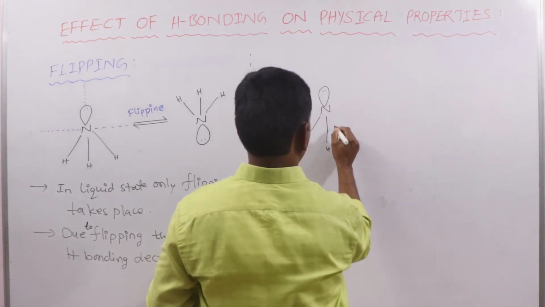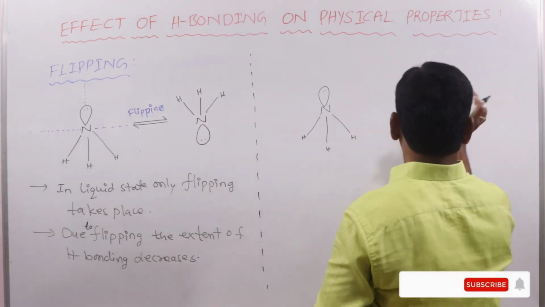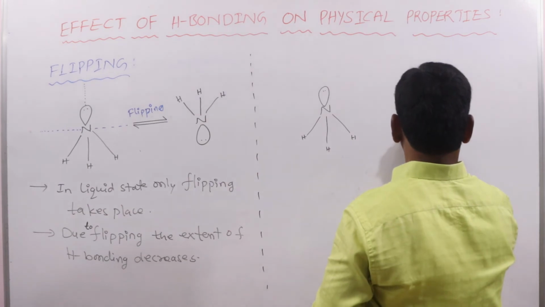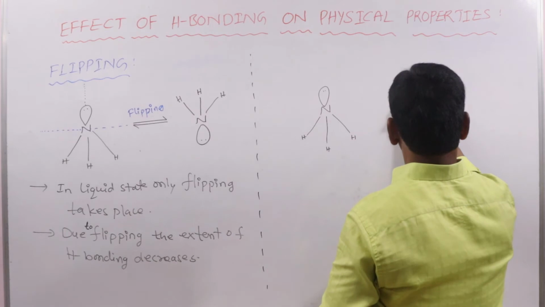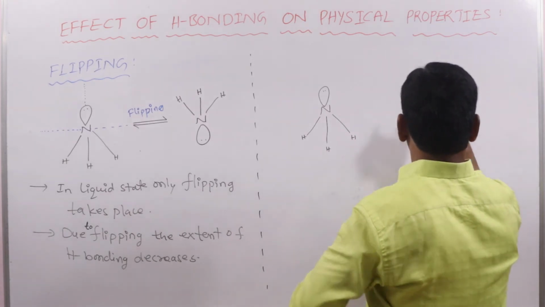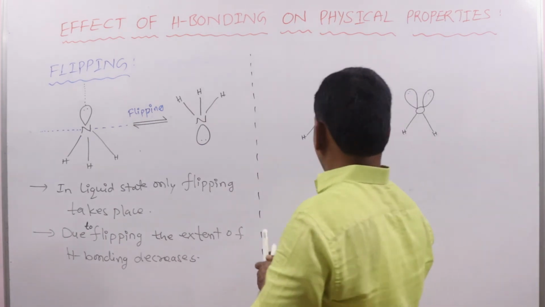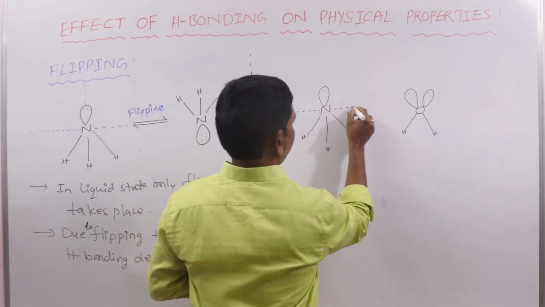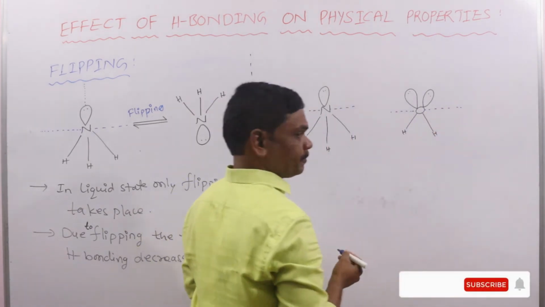In the water molecule, there is a hydrogen, and first lone pair, second lone pair. Say for example this is the plane in ammonia, and in the water molecule also this is the plane.